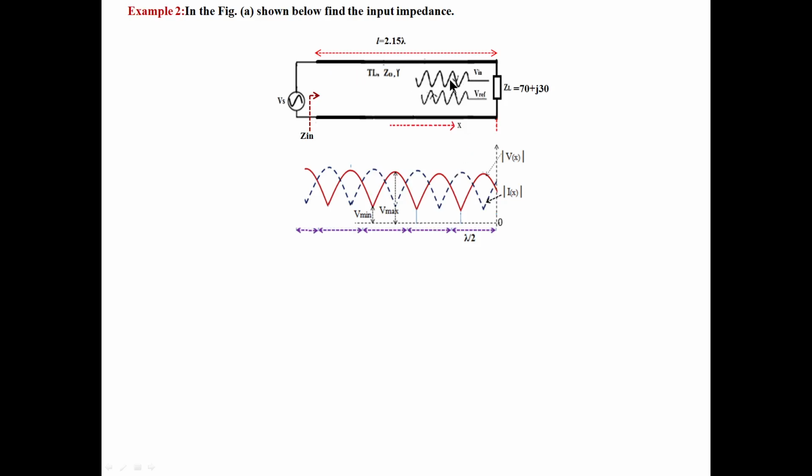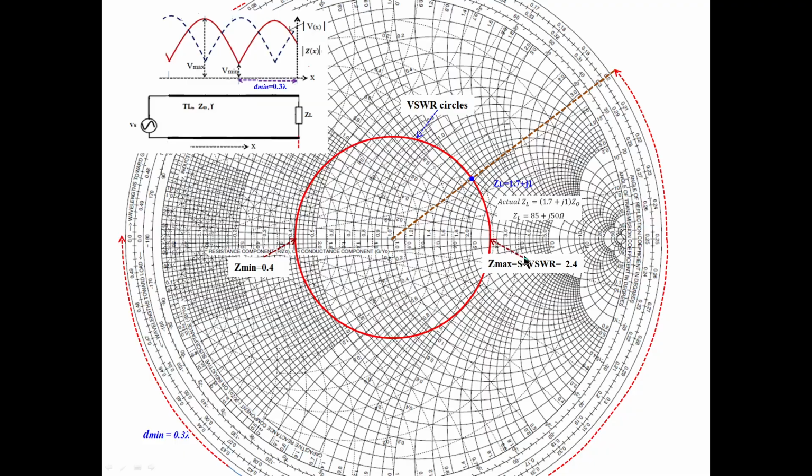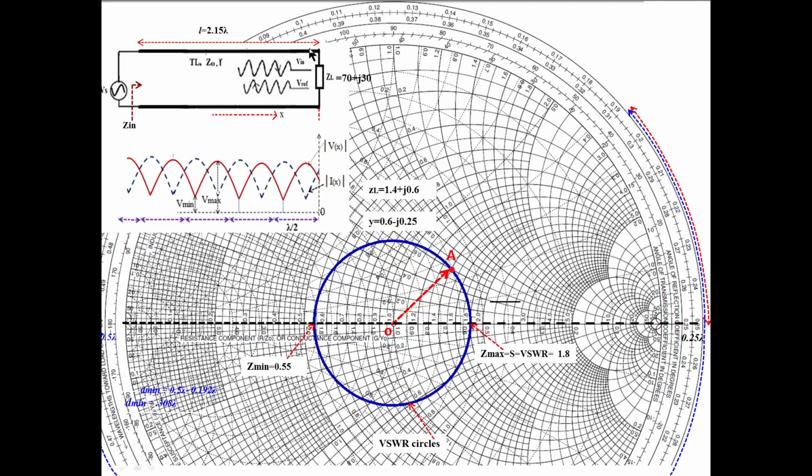And that is the way of finding impedance at any point over a transmission line. If you move over a transmission line, at any position you can find the impedance. You measure the distance, travel that much distance, stop, draw a line and find the impedance.